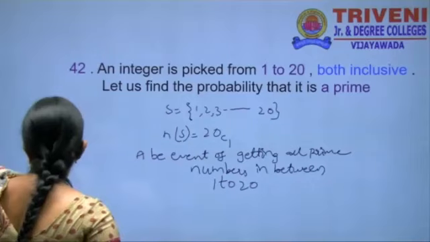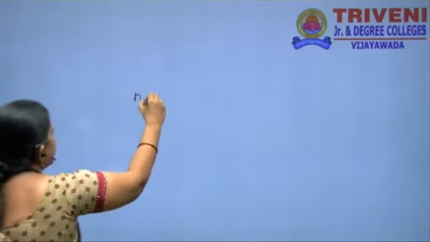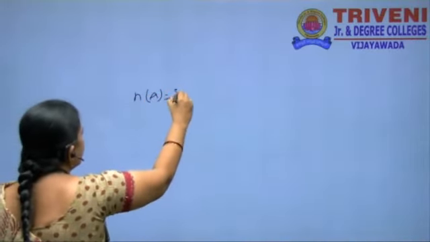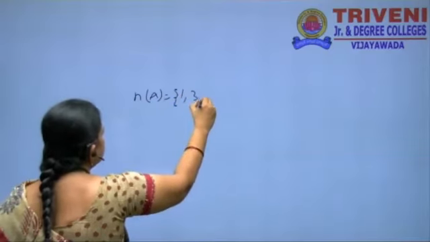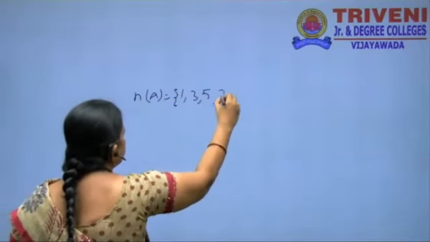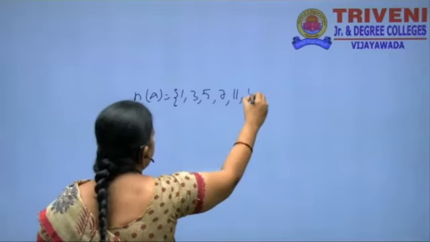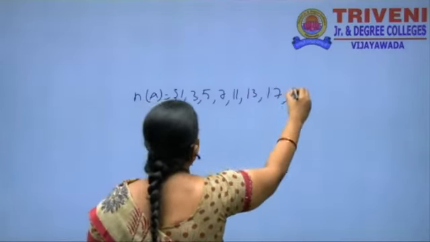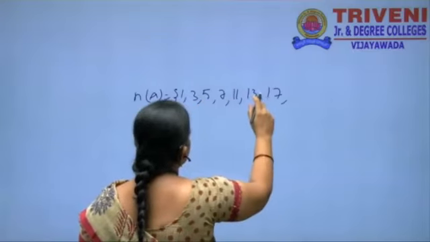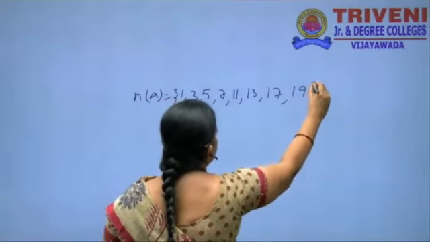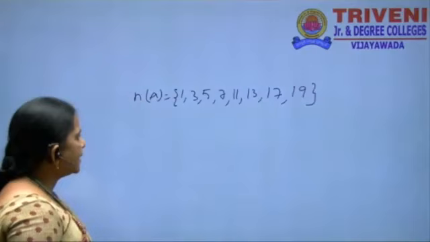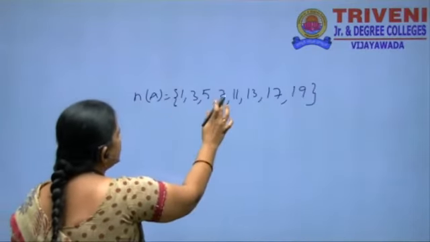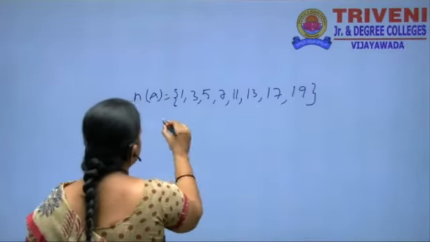We have to write n of A. The prime numbers are 1, 3, 5, 7, 11, 13, 17. How many prime numbers are there here? 1, 2, 3, 4, 5, 6, 7, 8.